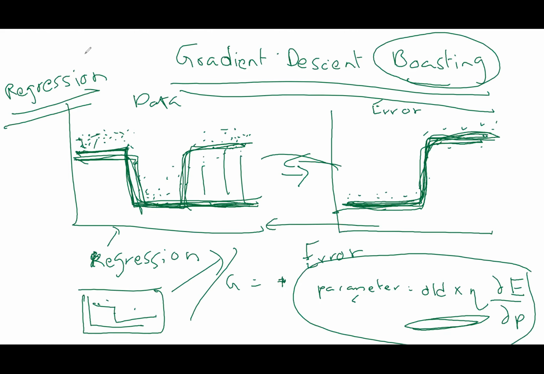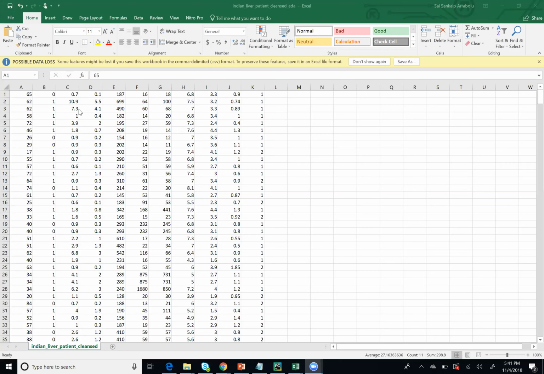So if you're giving an input into your XGBoost algorithm, you have to remove the first row and then give it in.